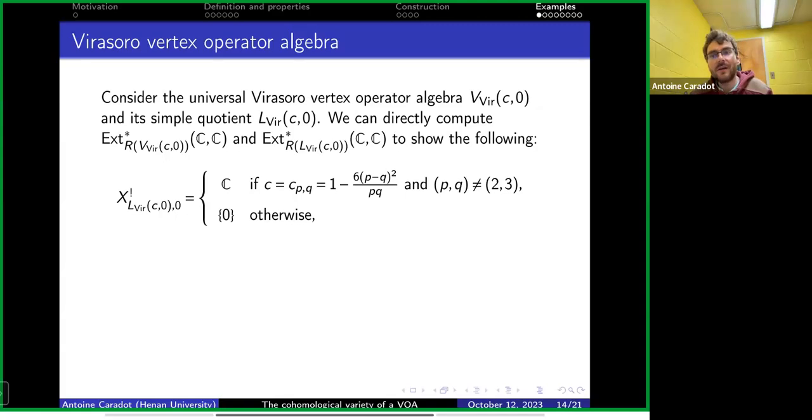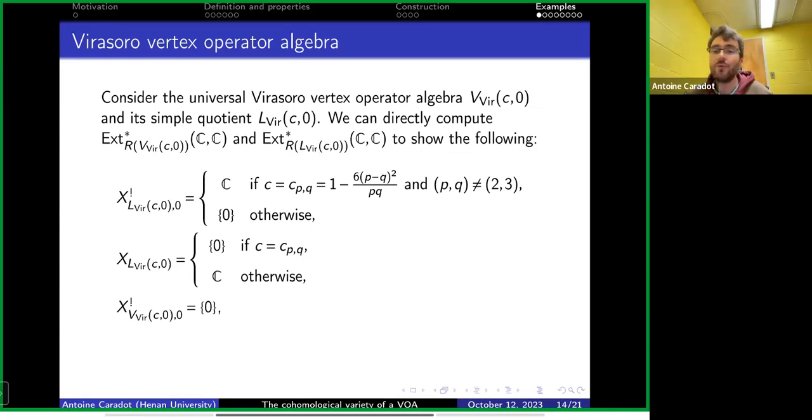If you look on the other side at the associated variety, you get kind of exactly the opposite case. So you will get 0 if c equals c_{p,q}, including (2,3), and you will get C otherwise.